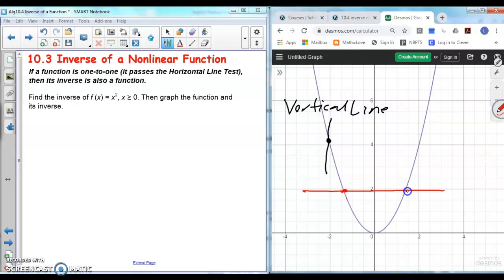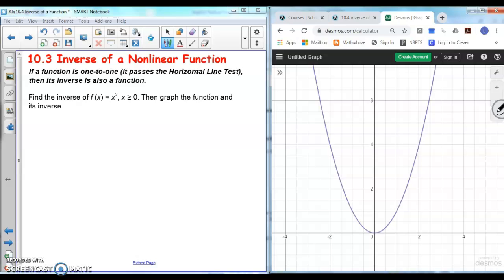Well, it intersects the graph 2 times. So that means it fails the horizontal line test. So if it fails the horizontal line test, that means the function is not one-to-one. So if it's not one-to-one, then that means its inverse is not a function.